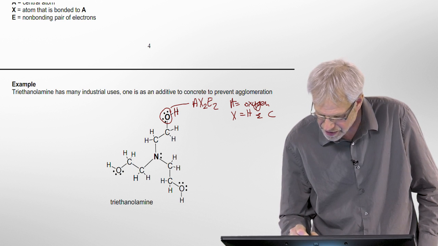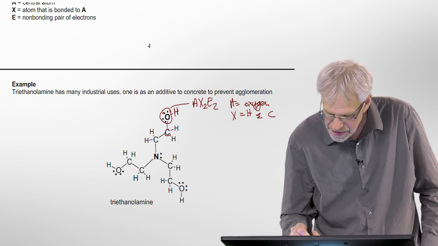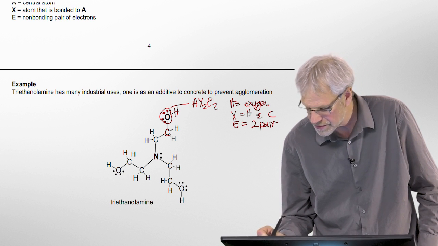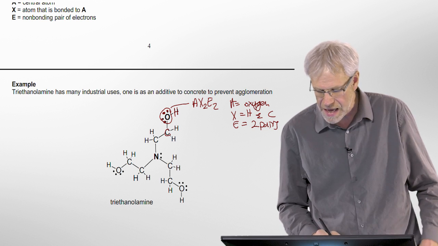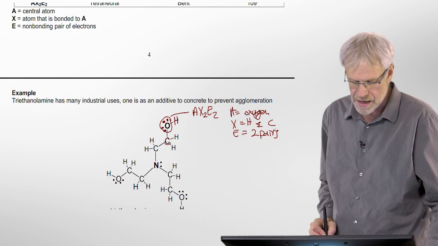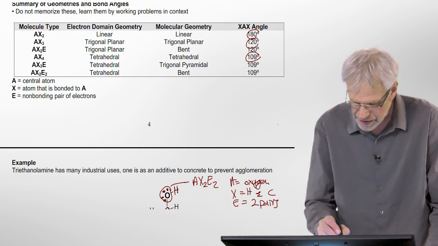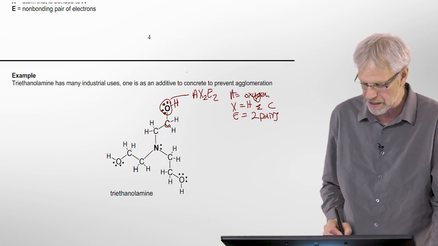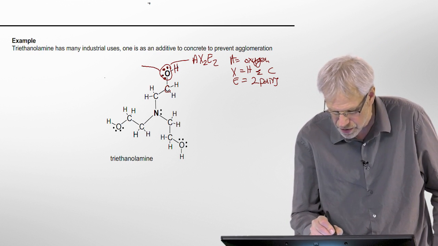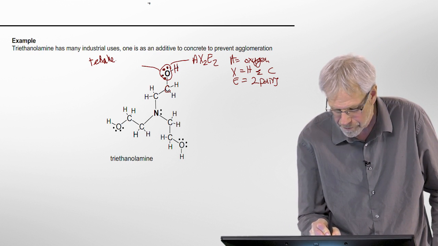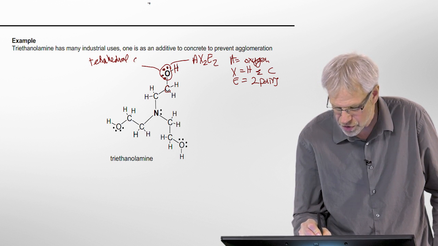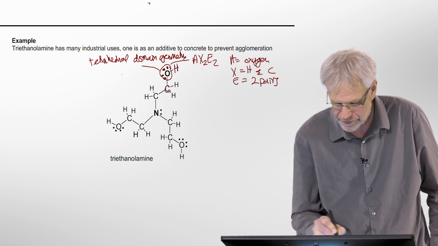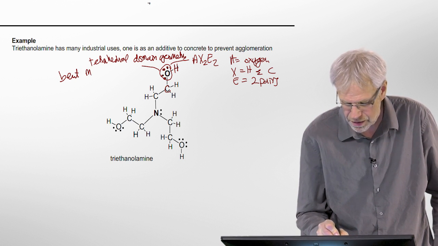There's one X and there's the other X. And E means non-bonding electrons, so in this case there are two pairs of non-bonding electrons. So this is an example of AX2E2. AX2E2 is a tetrahedral electron domain geometry and bent molecular geometry. Again, we don't want to go memorizing that. So we have tetrahedral electron domain geometry and bent molecular geometry.